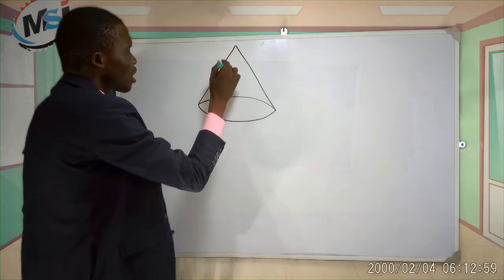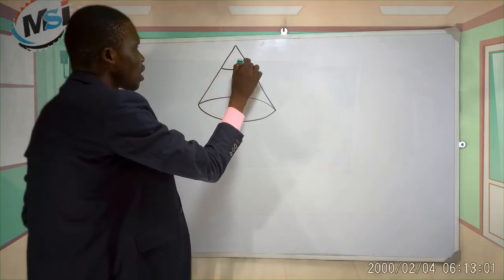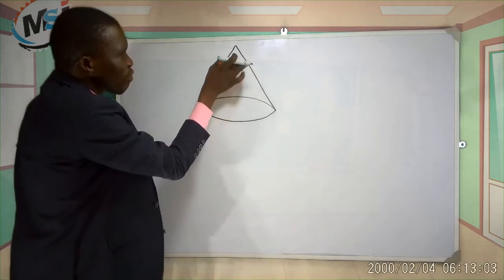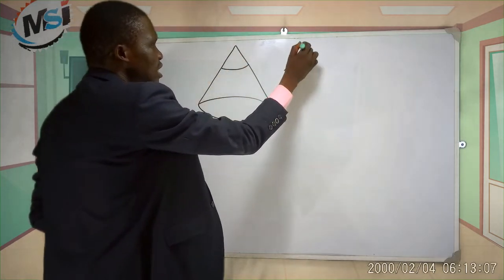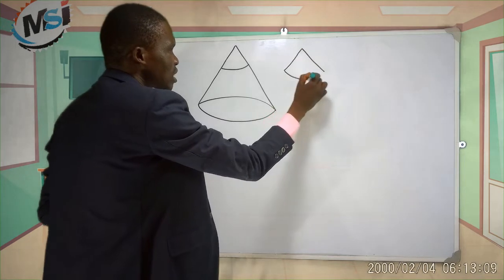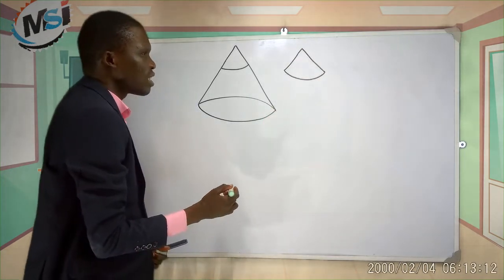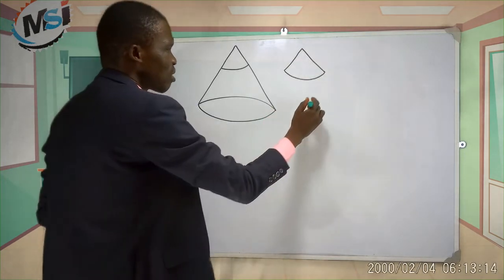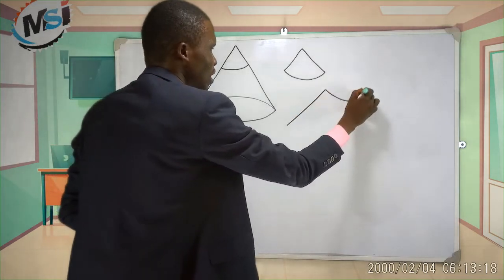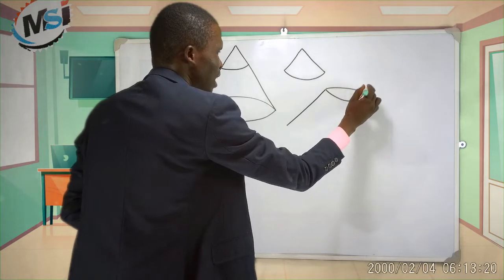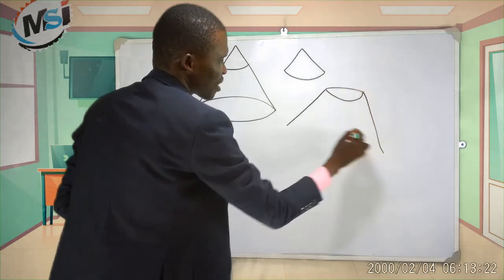Frustrum is, if you cut this, when you remove this, you are going to have this, which is a cone. Then you are going to have this. I hope you are following me, right? You are going to have this.